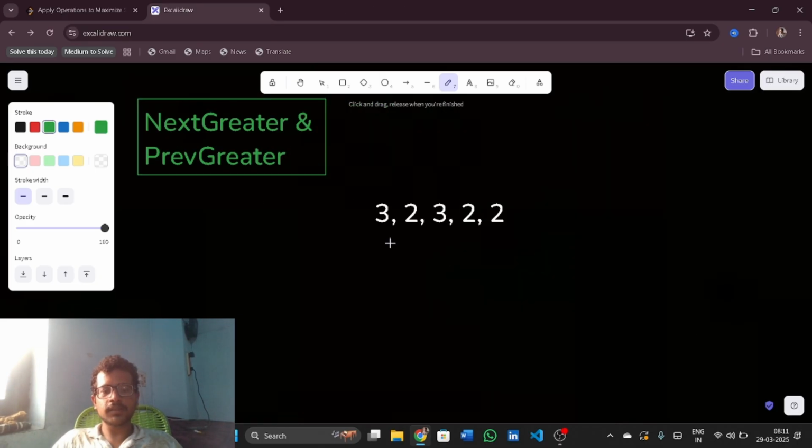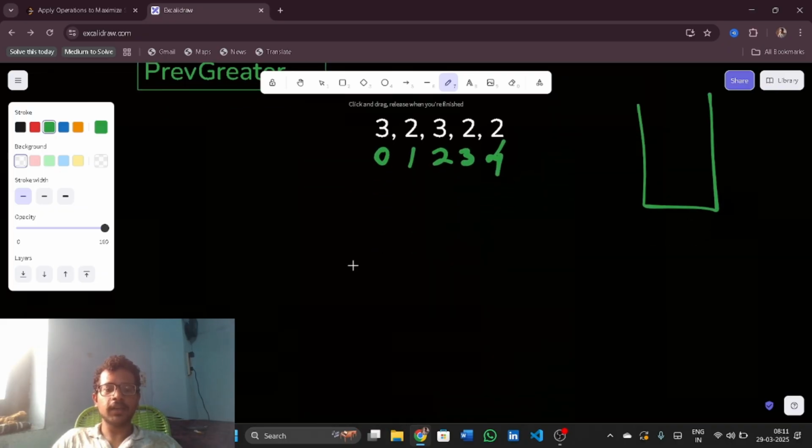Now, let us consider this example. Here I have given the elements, and here are the prime counts for every element. Let us not indulge in these elements, but take this example of prime counts. What I do is take a stack and push the indices into the stack: 0, 1, 2, 3, and 4.